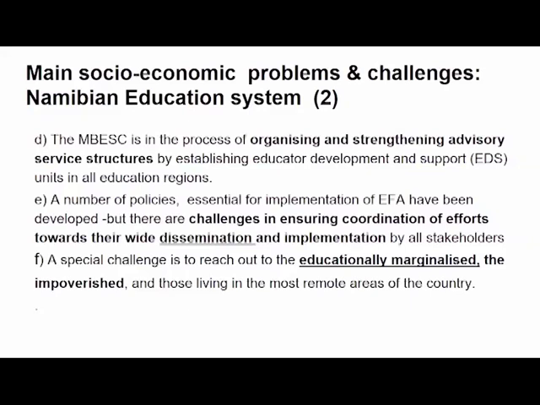So things are not in place at this stage. In the fifth place, some of the policies still need to be implemented to make sure that there's education for all. In the sixth place, we really have a challenge when we try to reach out to the educationally marginalized, the impoverished, and those people who live in the very remote areas of Namibia.